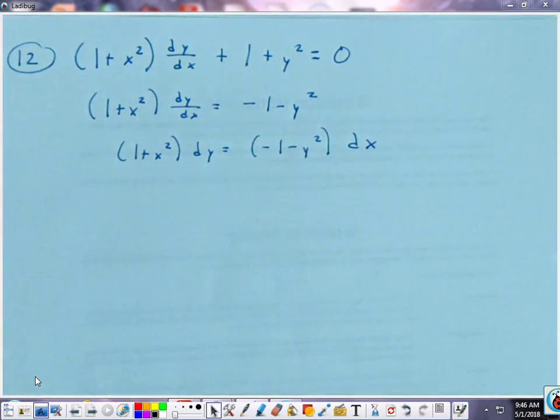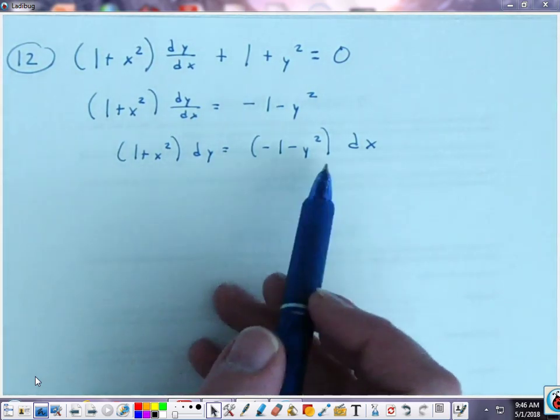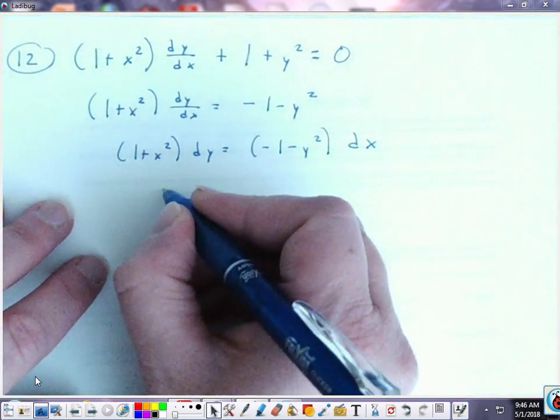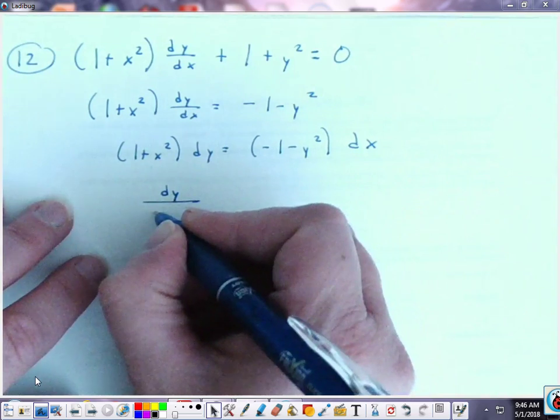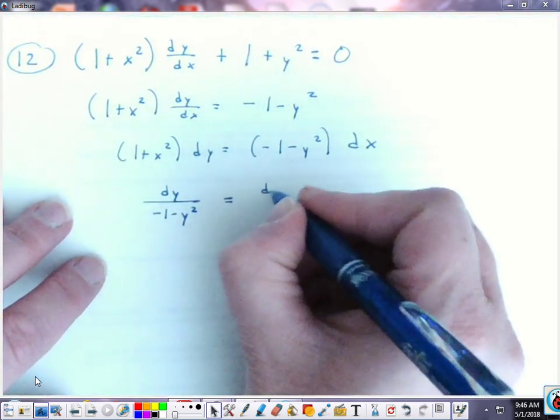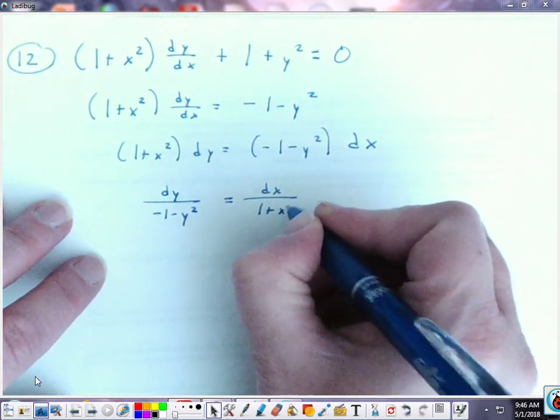And then I'm a little bit happy because the dy and the dx are both in the numerator, but they're on the wrong side. So I need to divide both sides by 1 plus x squared and divide both sides by negative 1 minus y squared. So you'd have dy over negative 1 minus y squared equals dx over 1 plus x squared.